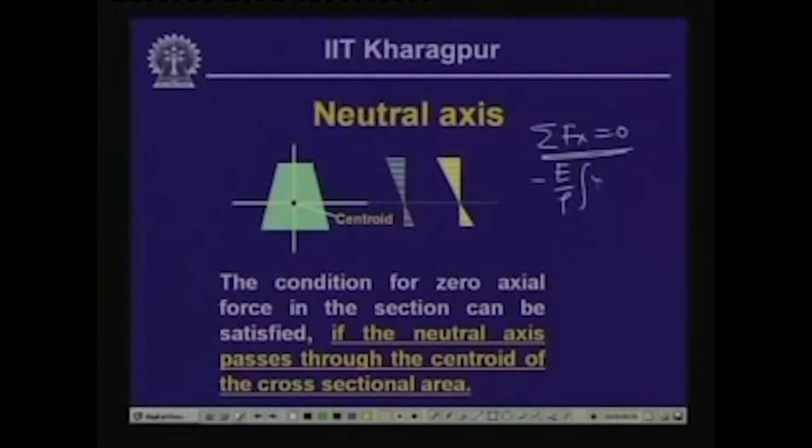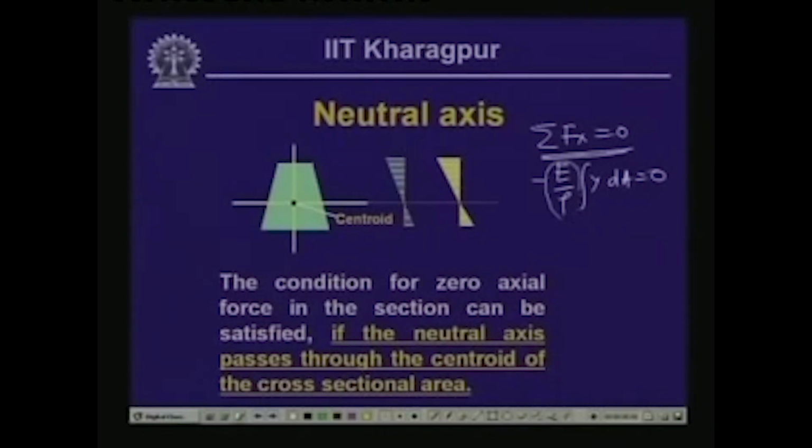Now, the last question was, how do you locate the neutral axis in a given cross section of a beam. First of all, we should know what we really mean by the neutral axis. If you remember, when we were deriving the flexural equation, we said that summation of Fx equals 0 for equilibrium, and that gave us minus E by rho integral y dA equals 0.